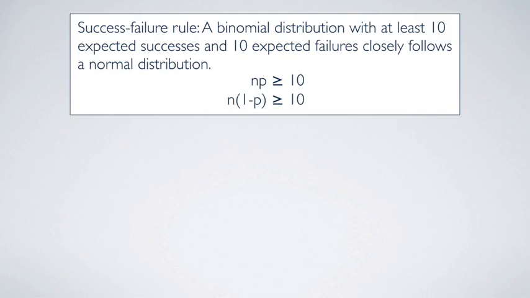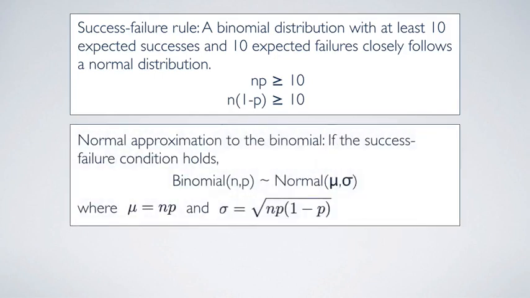And in cases where it does, we can approximate the binomial distribution with the normal, where the parameters of the normal distribution are calculated as the mean and standard deviation of the binomial. We also talked about the 0.5 adjustment to make the probabilities calculated using the normal approximation much closer to the exact probabilities from the binomial distribution.